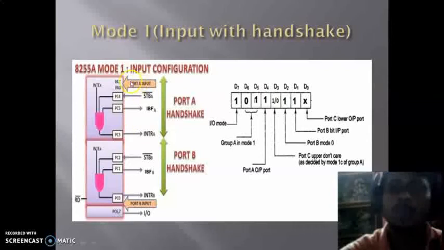That is the way data from port A can be sent to the 8085, or any microprocessor, through the 8255A from a peripheral device. The same can be done using port B also.